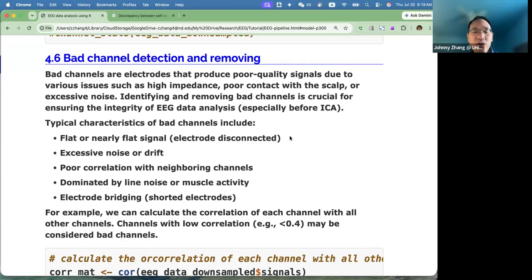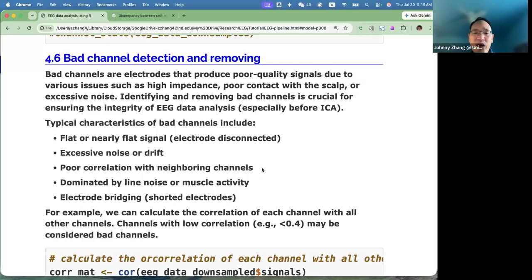The typical claims about bad channels include the following. For example, if we have flat or near flat signals, maybe this electrode was not connected very well, so it didn't capture the information at all. Or we may have a lot of noise or drift, for example, the increasing pattern in the signals. This also means very bad signals.